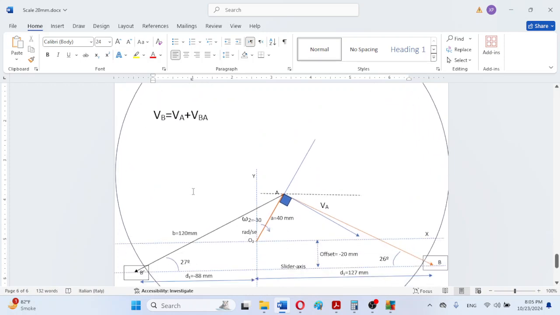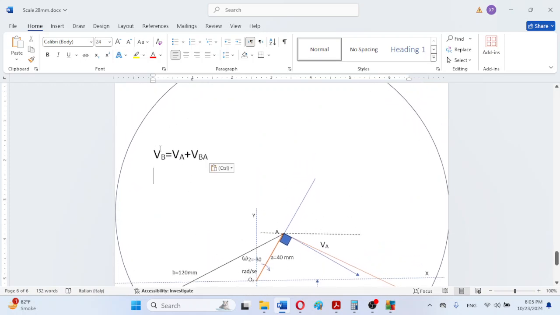We can observe that the velocity of B, our slider, is unknown. This is the output. So the equation is almost the same. So VA has been defined.